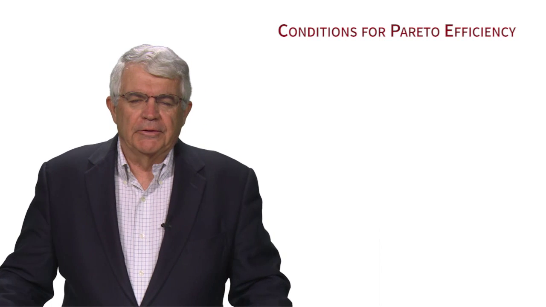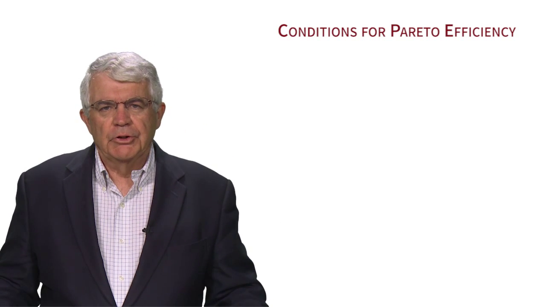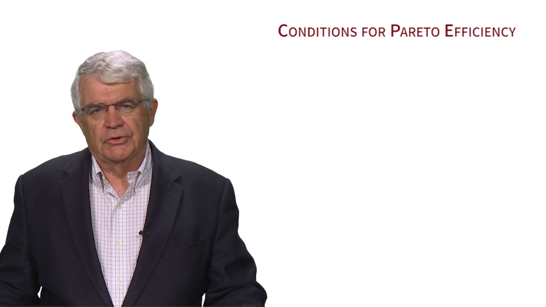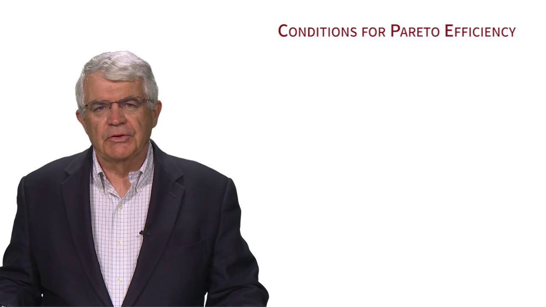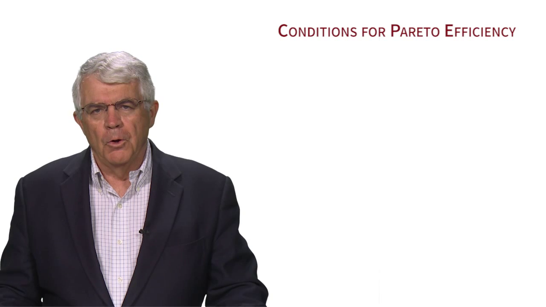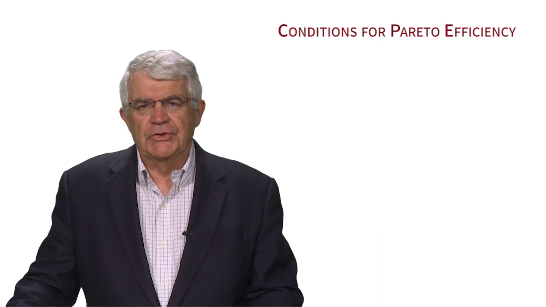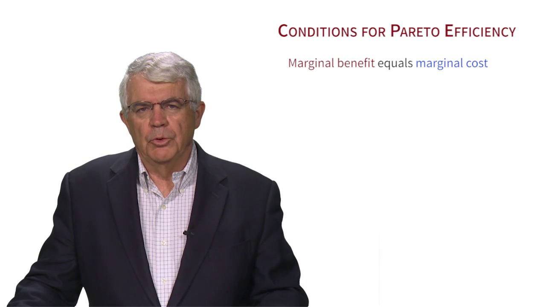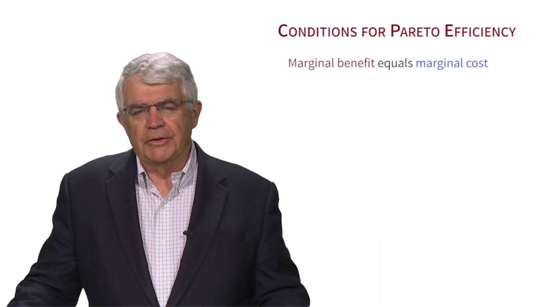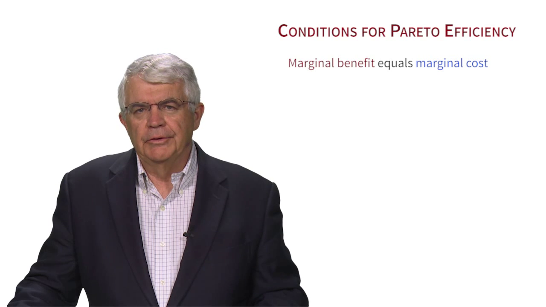We can think about several ways to be sure that the markets are efficient, or that the distribution or production is efficient. And these are conditions that are necessary to hold if you're going to have efficiency, and in particular Pareto efficiency. Let's go through each one. One is that the marginal benefit of producing a good is equal to its marginal cost.